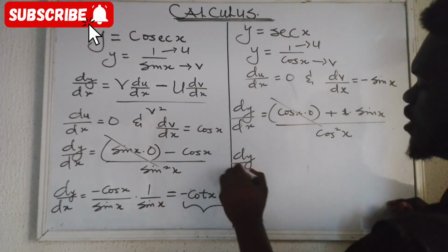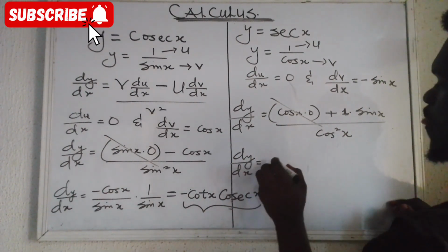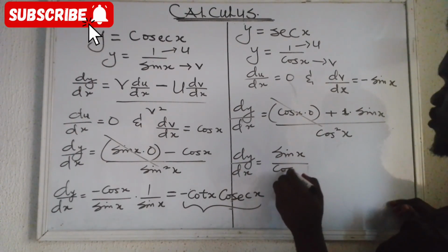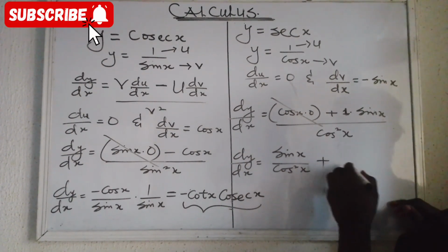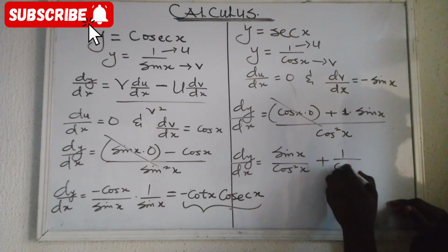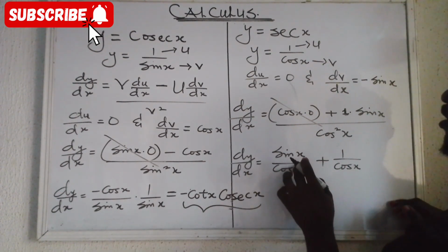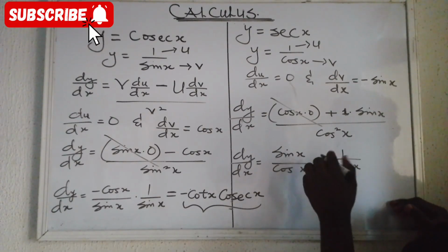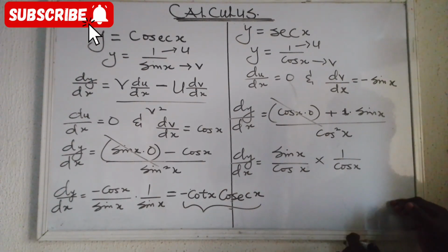So dy/dx would be equal to sine x all divided by cosine squared x, which is the same as sine x divided by cosine x, multiplied by 1 divided by cosine x. Multiplying cosine x with cosine x gives cosine squared x.